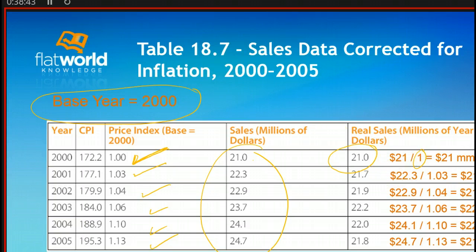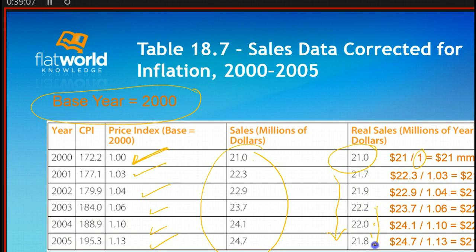Well, if I keep going through, I see that in terms of real dollars, my sales certainly grow at a slower rate than they did in a nominal sense, and between 2003, 2004, and 2005, I actually see that sales are going down.